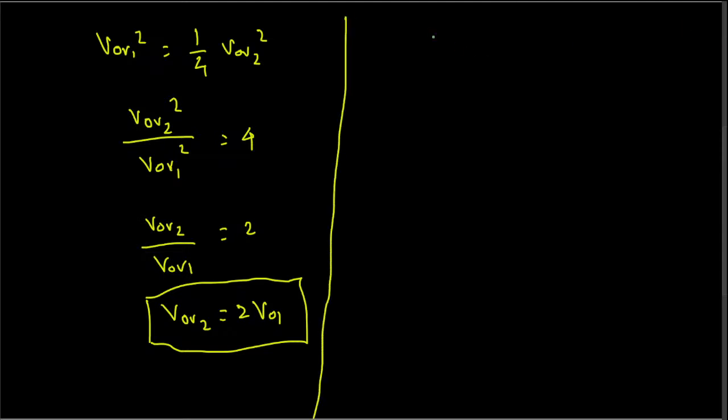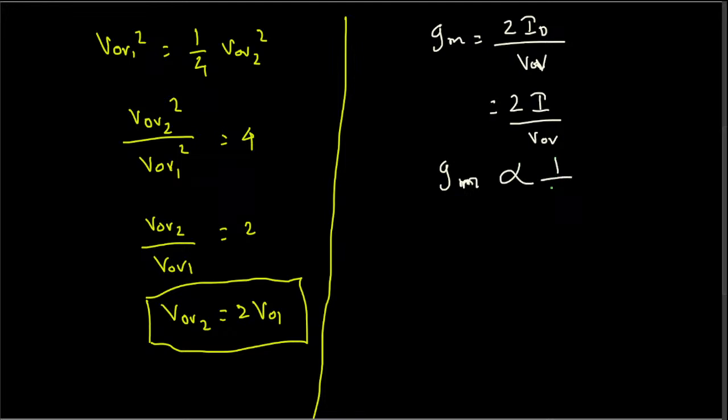Now, gm is nothing but 2 times the drain current divided by V overdrive. The drain current in our case is I, so gm is 2I over V overdrive. I is the same for both of them, so the only thing that differs is V overdrive. The transconductance is directly proportional to 1 over V overdrive.